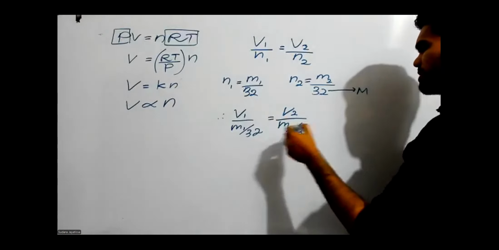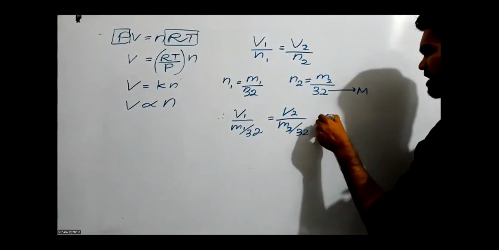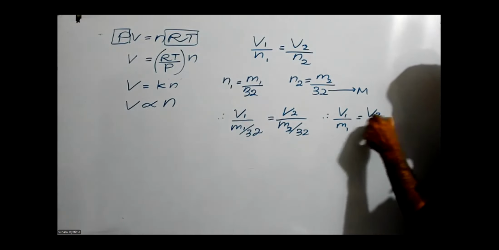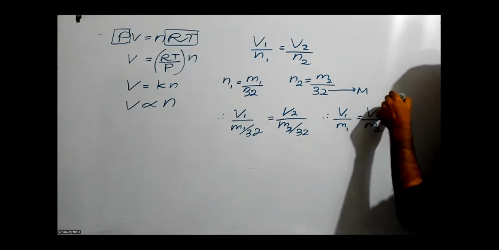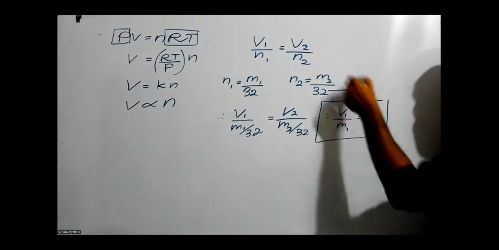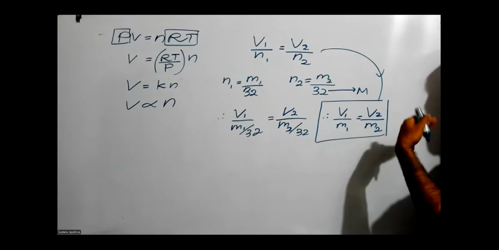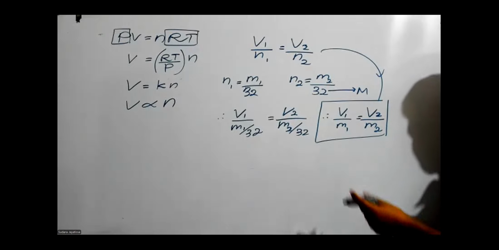Then 32 and 32 cancelled. Therefore, we can say V1 over m1 equal V2 over m2. This is a new derived equation we get from here. And then we can apply values and find the answers.